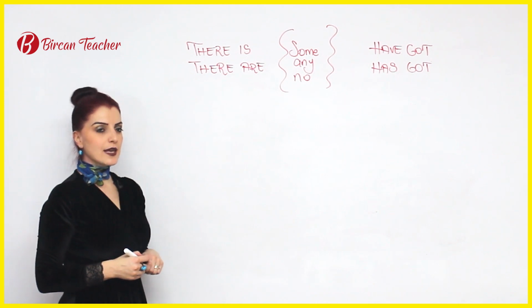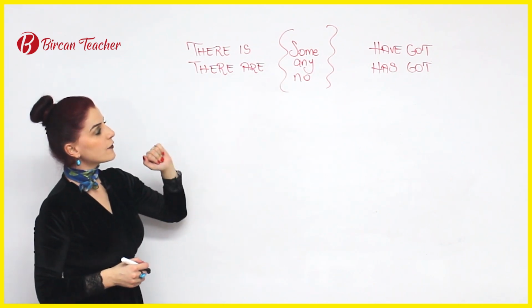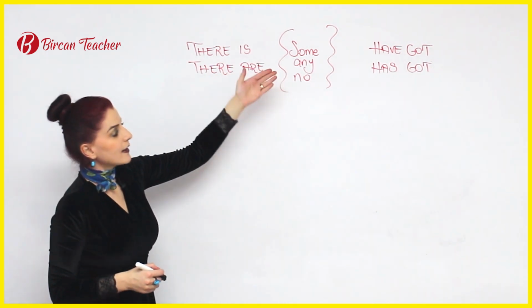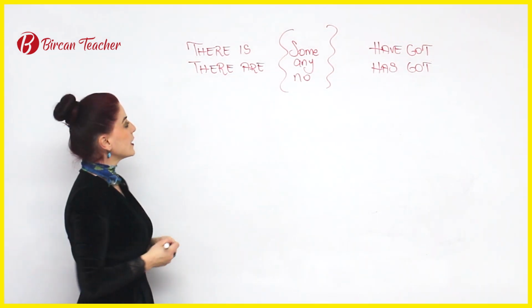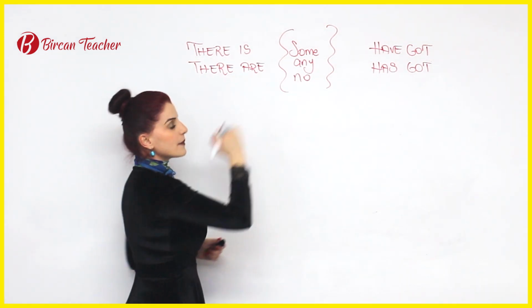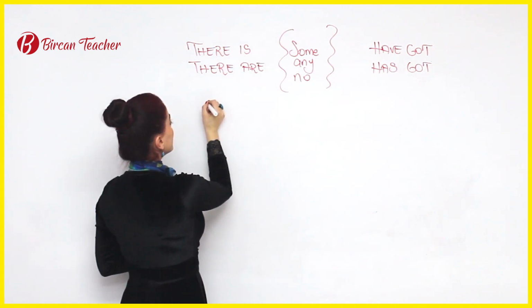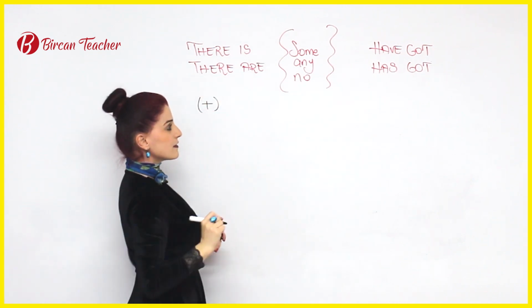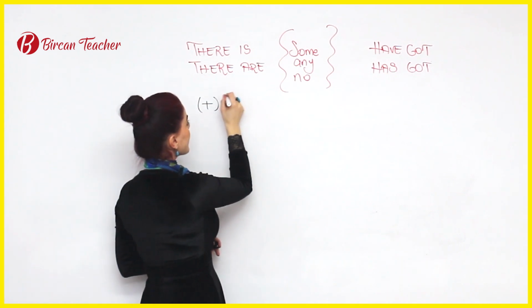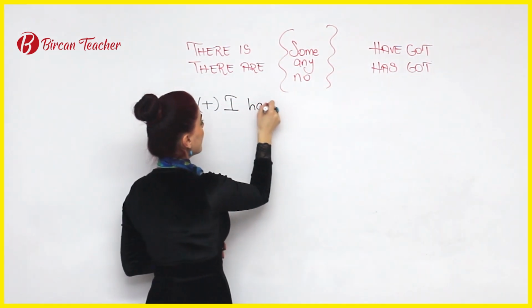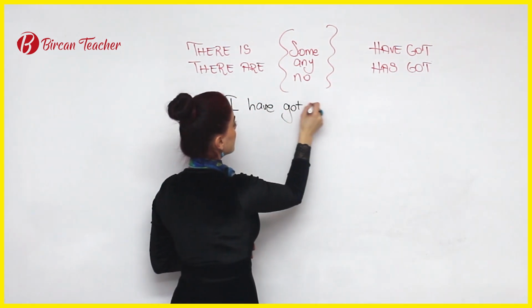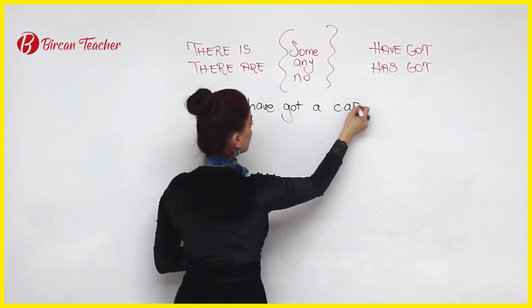In order to make questions and negative forms in the have got and has got structure, we can give some examples to make it clearer for you. In positive sentences, we say, I have got a car.